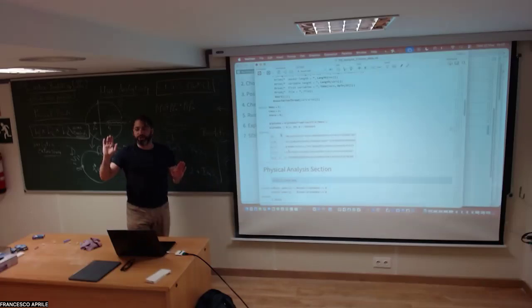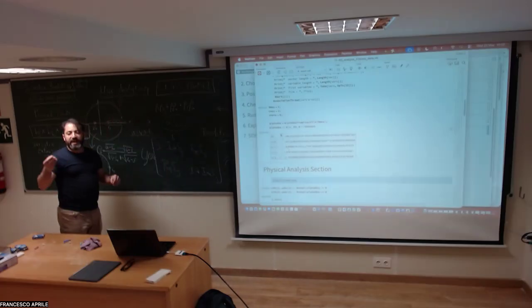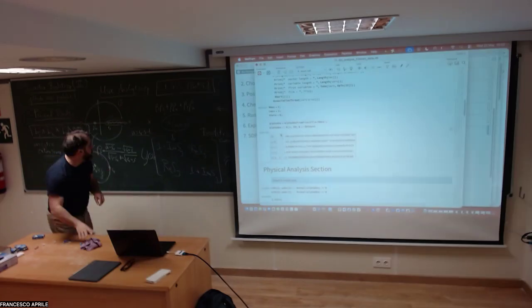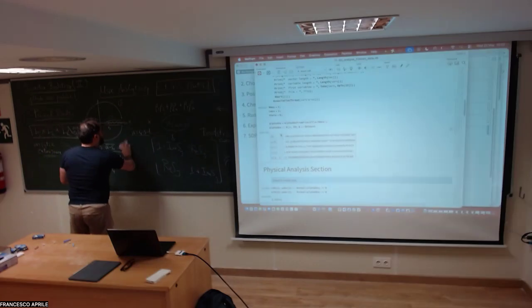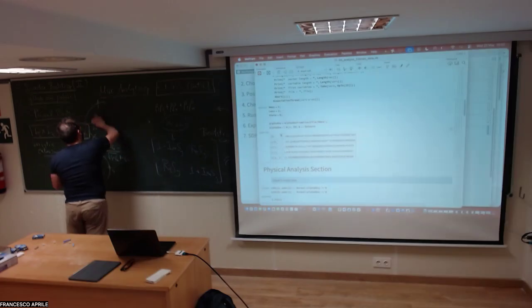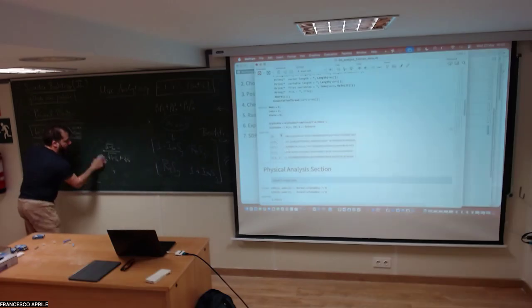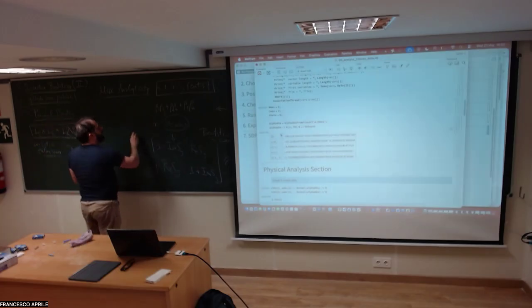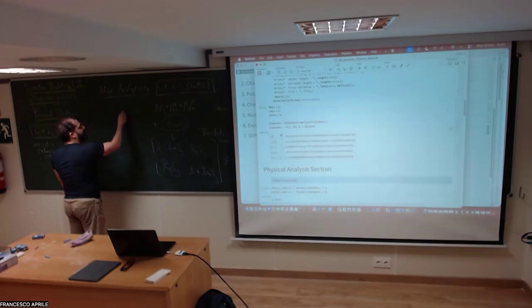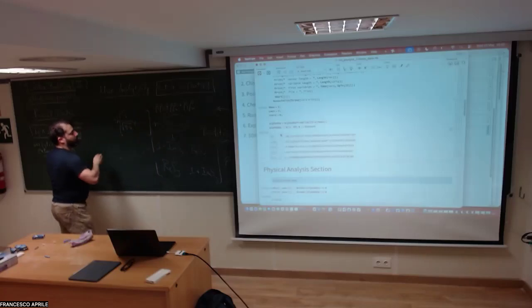There is a th because there is an option on top of this code which tells you if you want to include a threshold bound state term. What is the threshold bound state term? Don't be scared, it's just one thing. It just means that together with alpha ABC, it adds a term with this coefficient th, which looks like 1 over square root of s minus 4 plus t plus u.